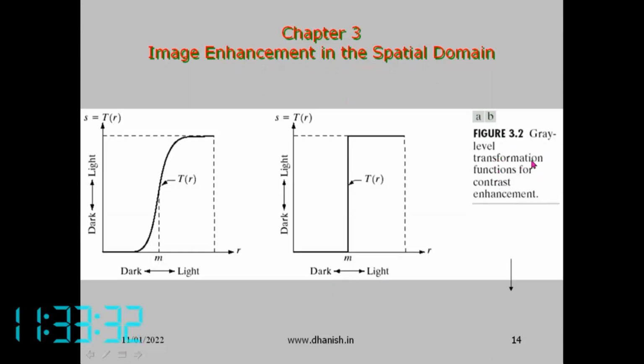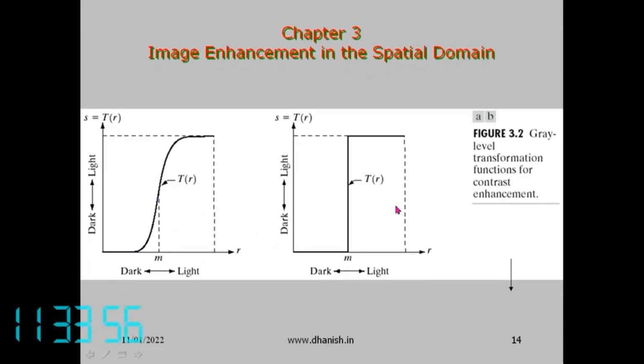This is the gray level transformation for contrast enhancement. Originally the range of light is very small; it is mostly dark. So you make it cover the full range. That is contrast enhancement.